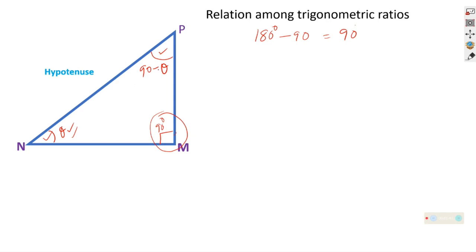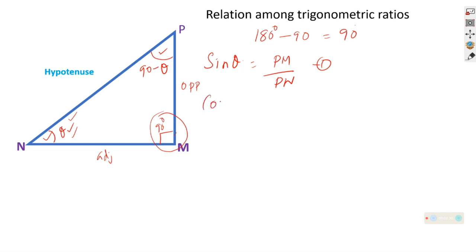By keeping this in mind, we are trying to apply the learned ratios, sine theta, cos theta and tan theta, in this particular triangle. Then we will write sine theta, the sine ratio of the angle having measure theta, as equal to the opposite side over the hypotenuse, so we will simply write Pm upon Pn as the ratio, correct?